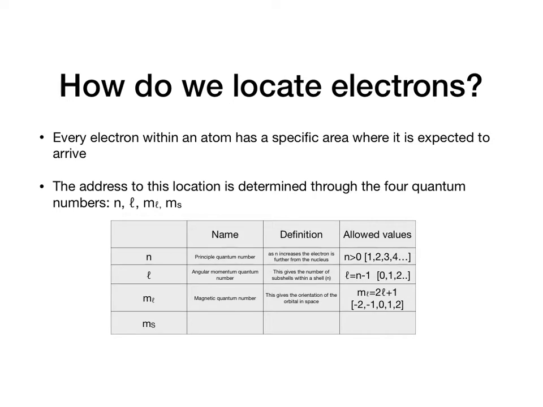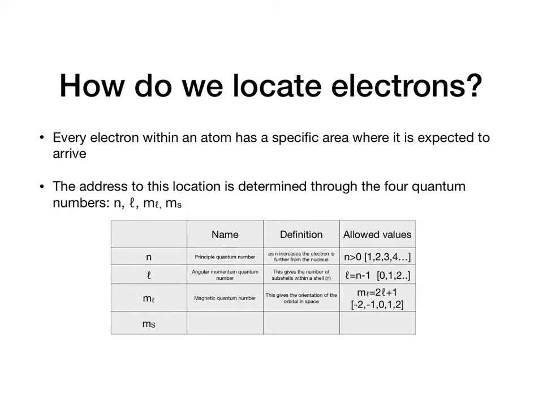When we think about the electron within an atom, it needs to have a specific area where it's expected to arrive. When we think about addresses, your address is usually composed of a street number, a street, a city, a state, and a zip code. All of that together will get you your mail. If you just put the street, it's not very specific.